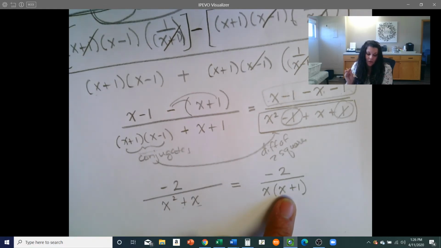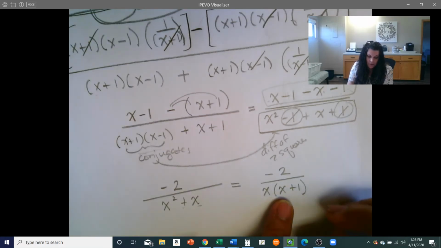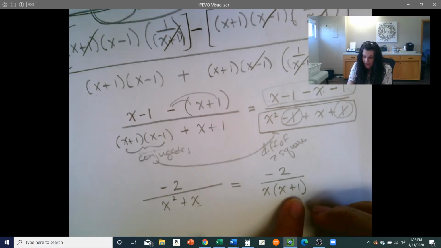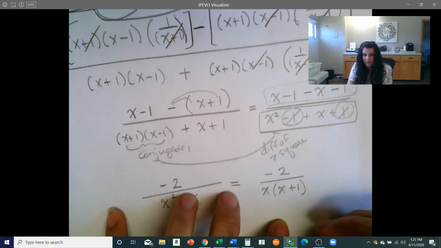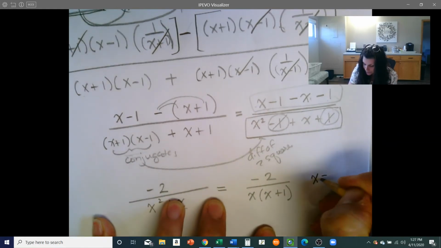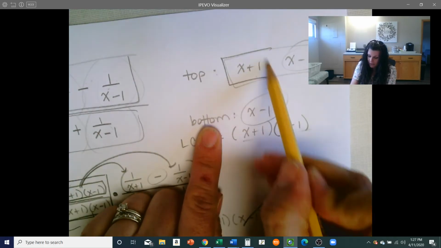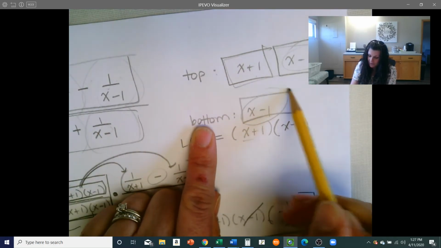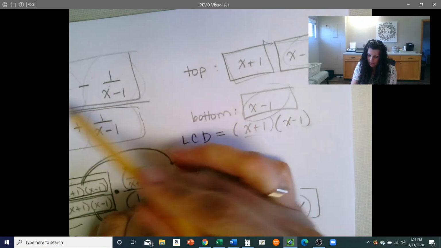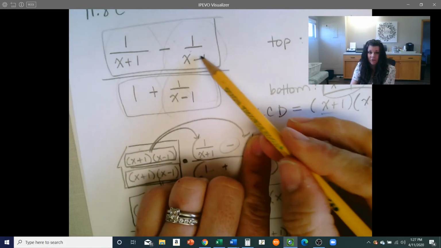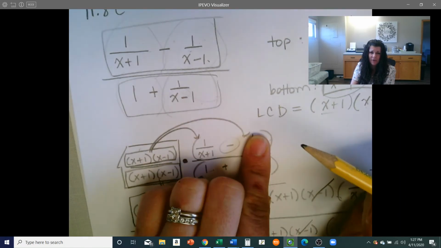Now, I need to think about any values that I excluded that I need to be paying attention to. Any values to exclude. So I go back up here and I want to think about what were my denominators, x plus 1 and x minus 1. Those were my denominators in the original. X minus 1, x plus 1, x minus 1.